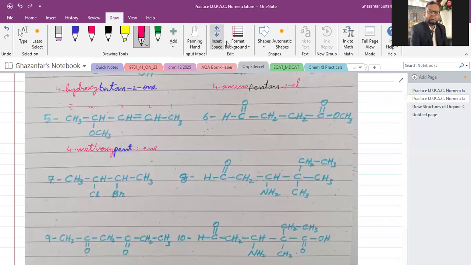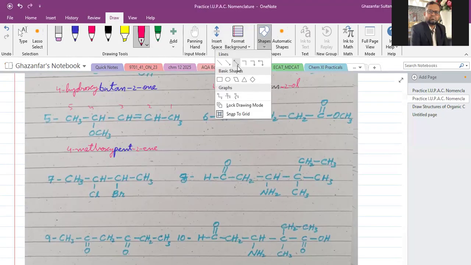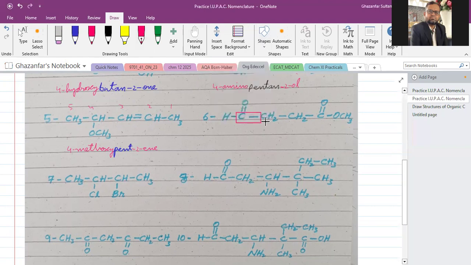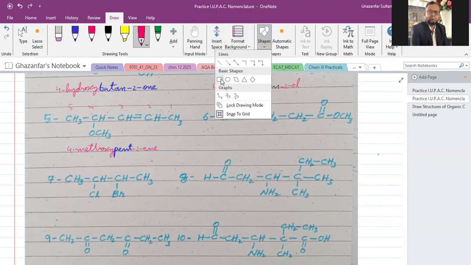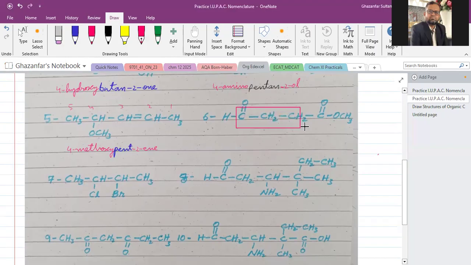And here the basic chain or the parent chain is this one. So if parent chain is this one, then we should observe what are the groups. So remember that parent chain contains 4 carbon atoms.